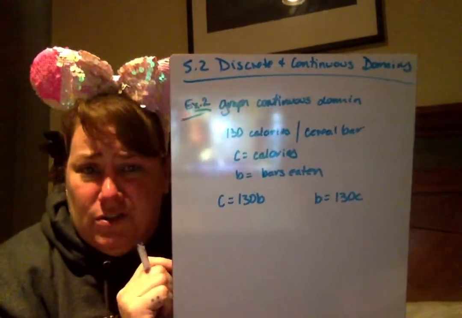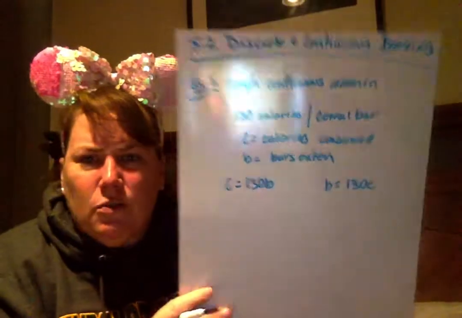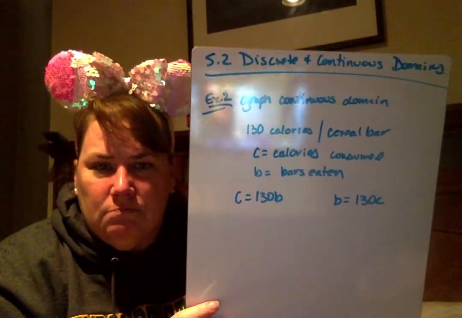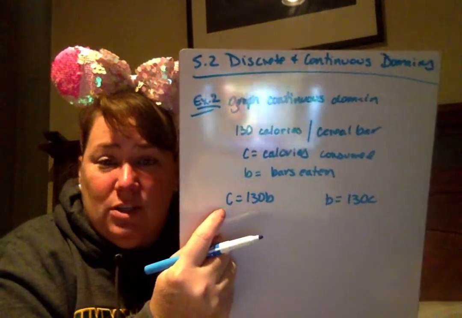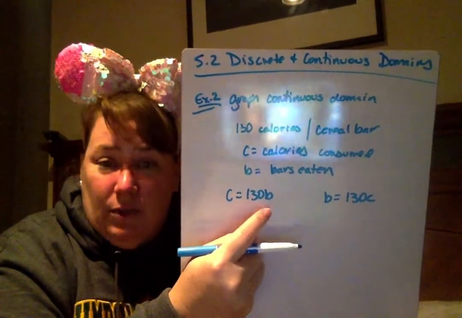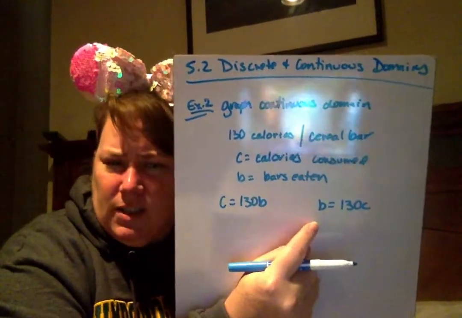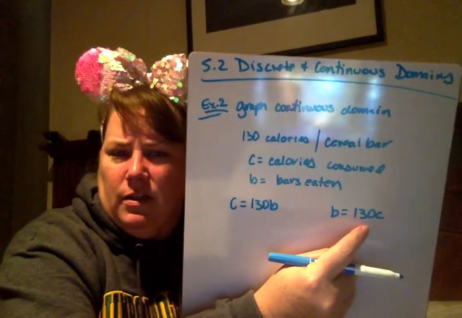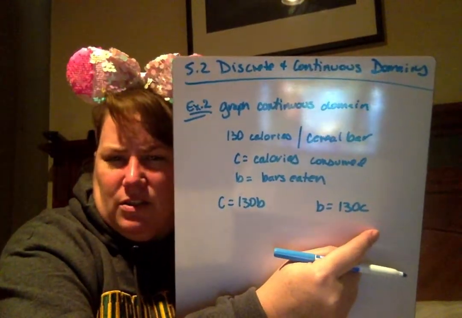They said calories consumed. So calories consumed, I should put that. So which one is it? Calories consumed equals 130 calories per bar? Or the bars eaten is equal to 130 calories times calories consumed?